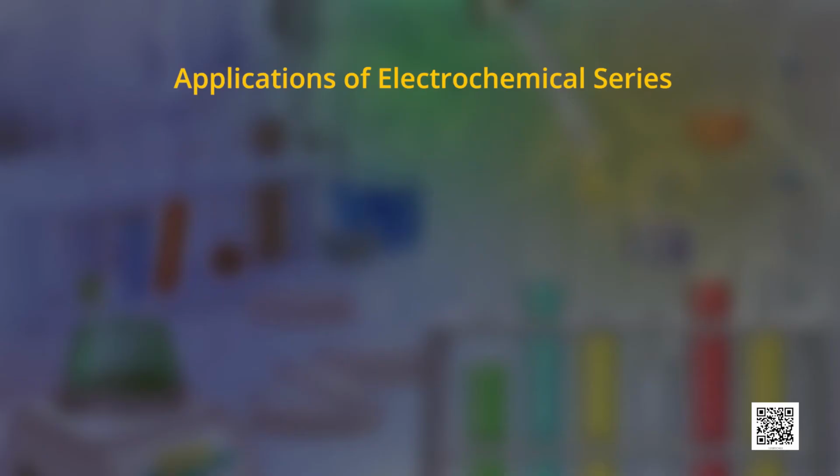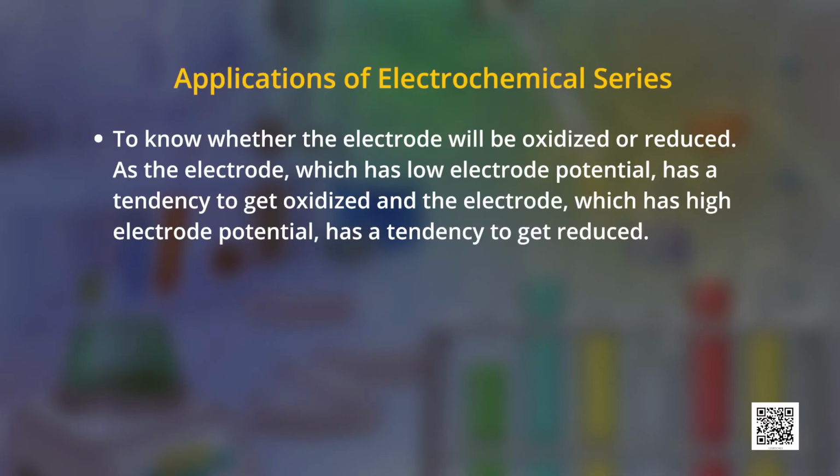We have learnt that the electrode potentials of the unknown electrode can be measured with the help of standard hydrogen electrode at standard conditions. This way, we will be able to get the electrochemical series on arranging the values of standard reduction potentials in decreasing order. The electrochemical series helps to know whether the electrode will be oxidized or reduced, as the electrode which has low electrode potential has a tendency to get oxidized, and the electrode which has high electrode potential has a tendency to get reduced.